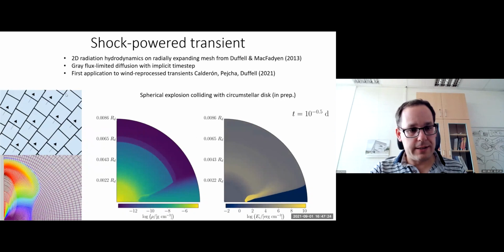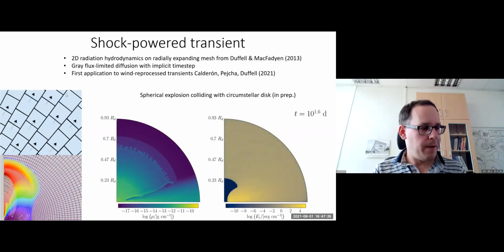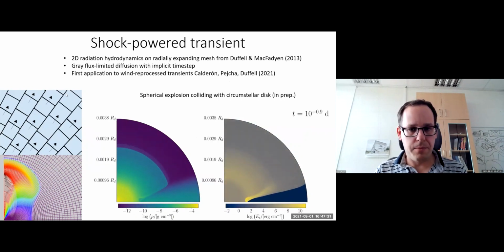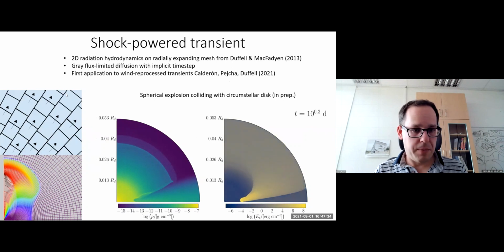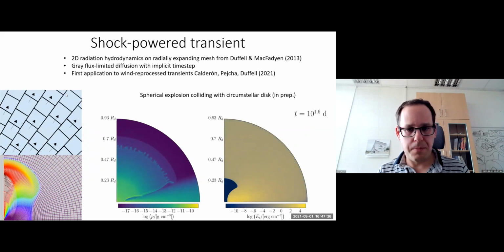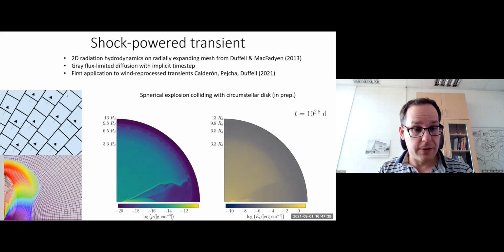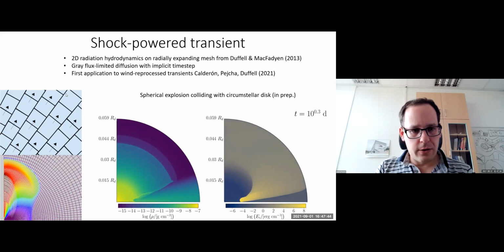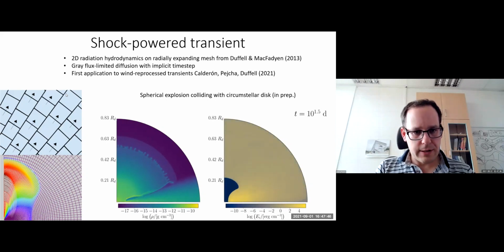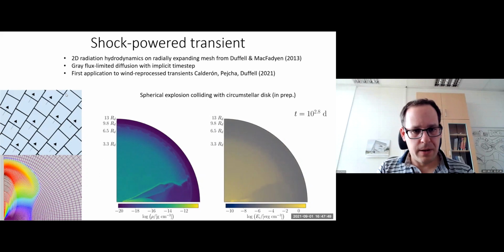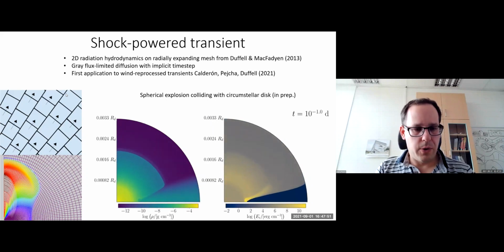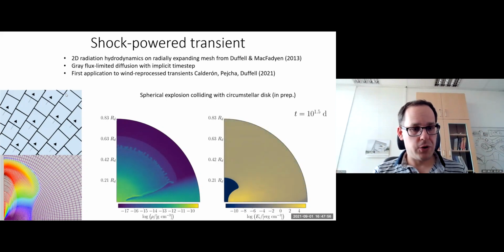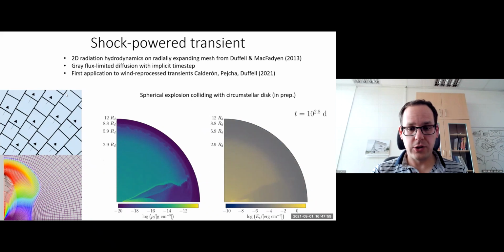And I would like to conclude with a final slide. From this discussion, my understanding is that we need to work better on the modeling of the transients. And we have been trying to improve this situation in the past few years, thanks to Diego Calderon, who was a postdoc working with me. What Diego did was implement a gray flux-limited diffusion with implicit time step in a 2D hydrocode with an expanding mesh that is extremely well suited to modeling of various transients.